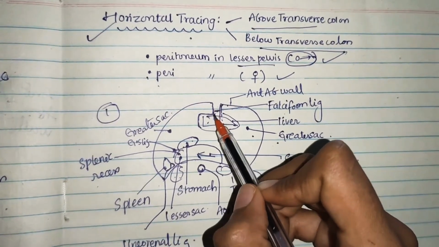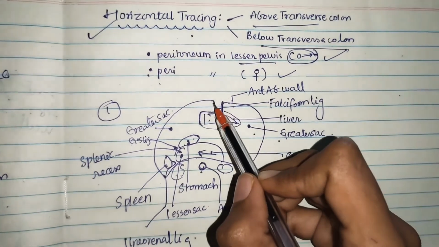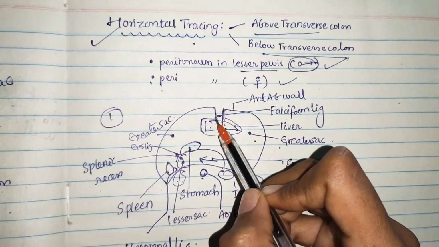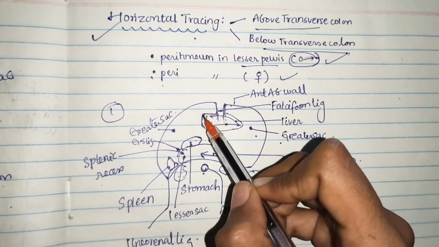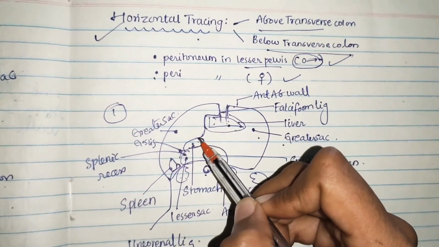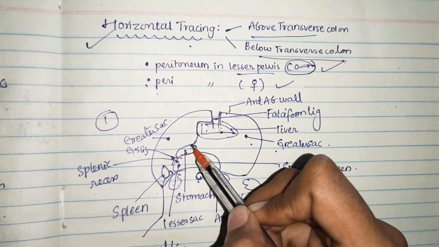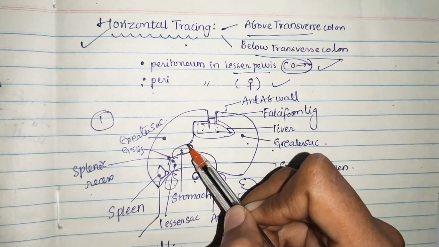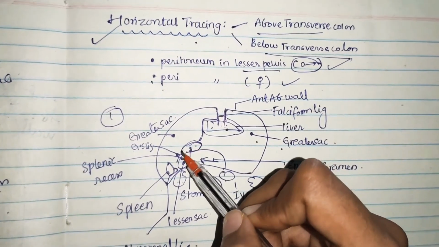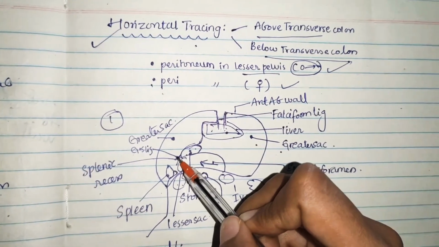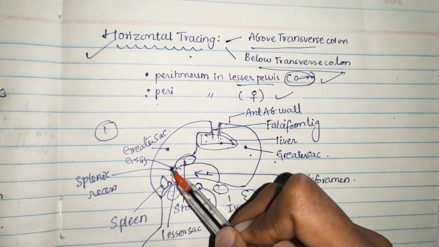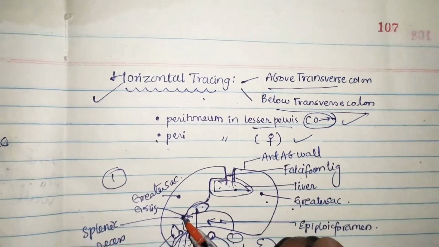So of course this will be the anterior layer, this is a posterior layer of lesser omentum, so the anterior layer of lesser omentum. Next, the front of stomach. So from here it will go to the front of stomach. You know this is front of stomach, right? So to the front of stomach, and after that the left layer of gastrosplenic ligament. Here is the gastrosplenic ligament, left layer. Okay. After that you have the surface of spleen.